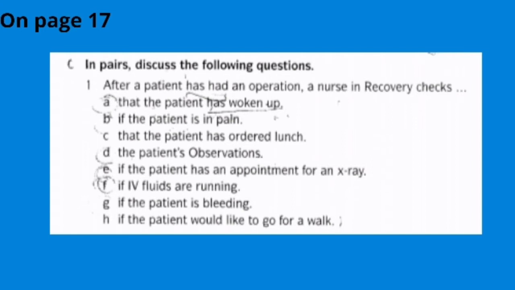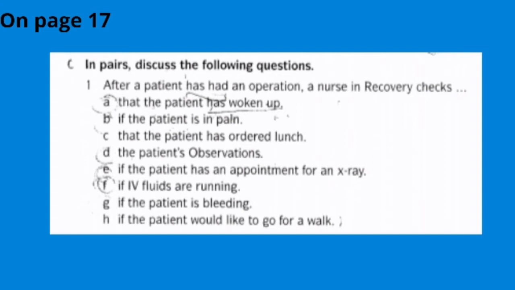No ya. And then yang F, if IV fluids are running. Yes, of course ya. IV itu apa sih? Intravenous catheter ya. And then G, if the patient is bleeding, ketika pasien berdarah, ya jelas ya, it's the nurse's task ya kan.